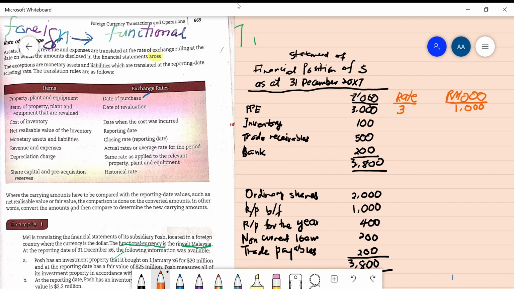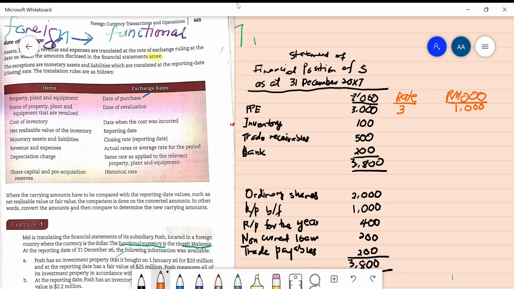Inventory, if you look here, this is actually closing inventory. So inventory uses the date when the cost was incurred.